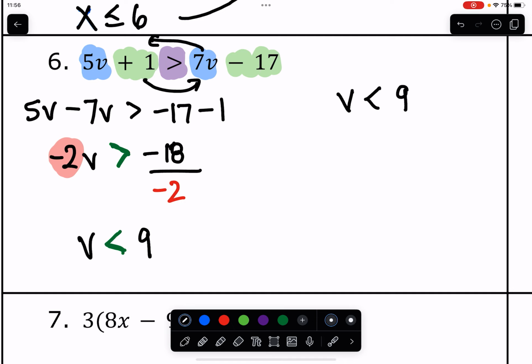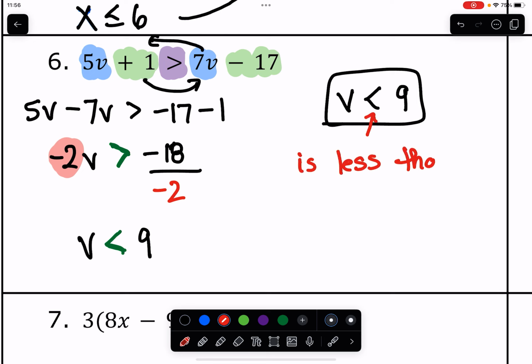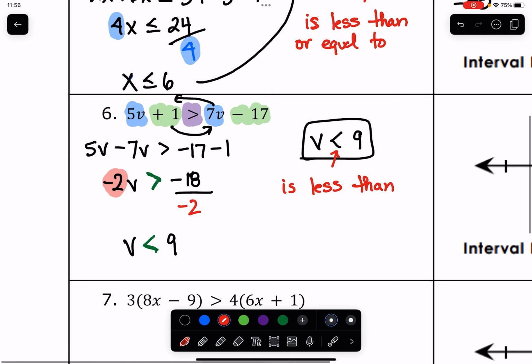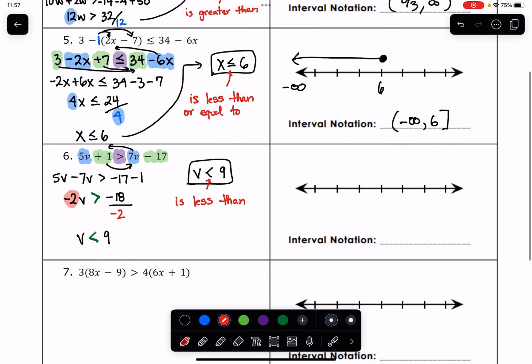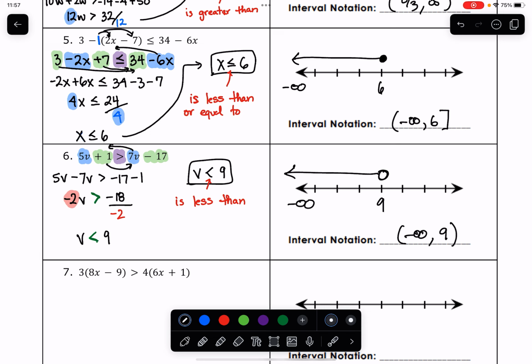V is less than 9. So on the number line, we'll have 9 somewhere on the number line. An open circle, less than will be pointing towards negative infinity. So our interval is from negative infinity to positive 9, open at 9.